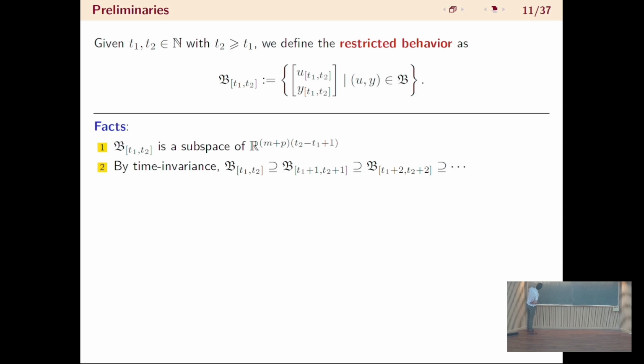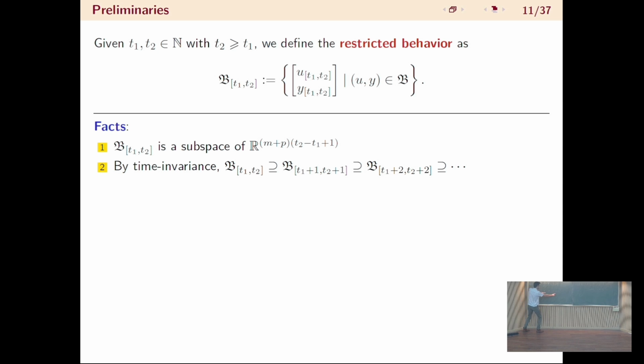And the output of my system is simply equal to the state, y_t equal to x_t. Well, I could choose x0 to be 1, u0 to be 1, and then because of this equation also y at time 0 is 1.